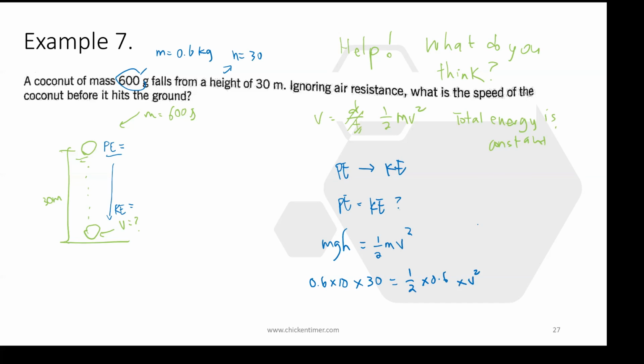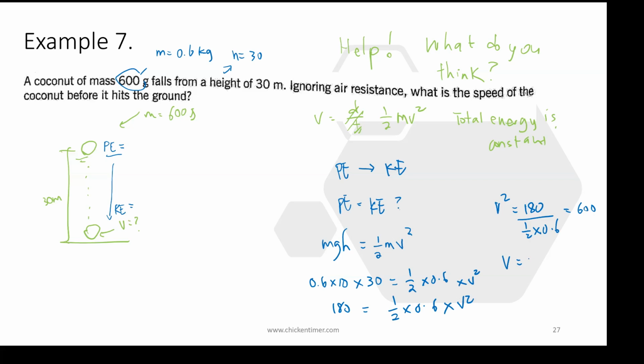What next? 180 equals to half times 0.6 times v squared. v squared equals to 180 over half times 0.6, which is 600.